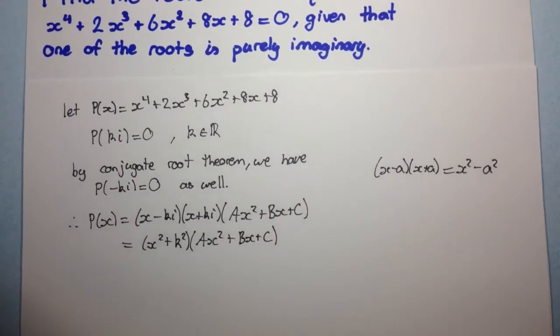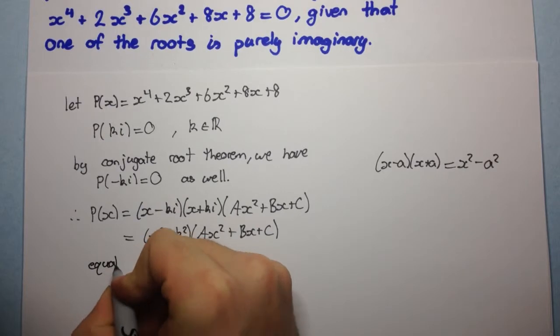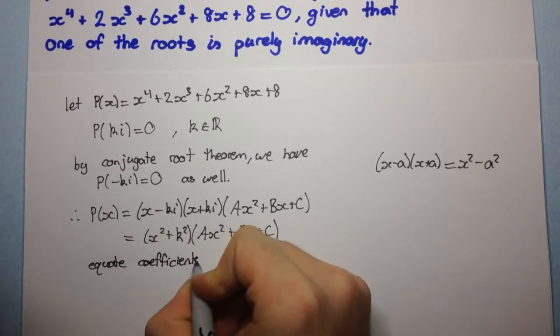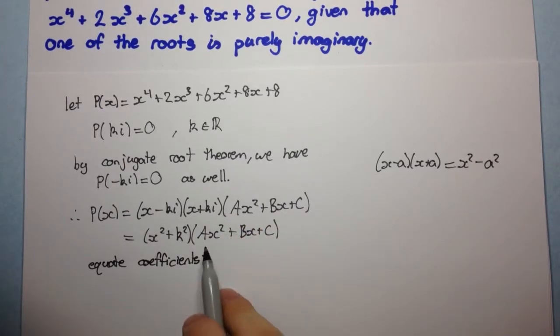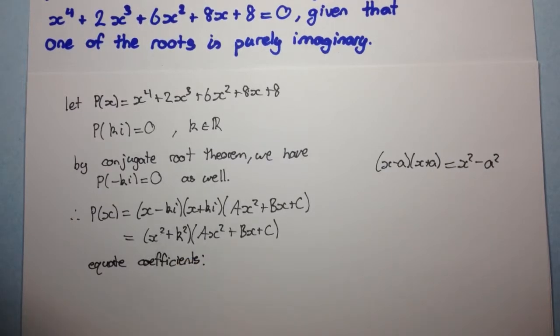Now we can equate coefficients of certain powers of x to find the values of a, b, and c here. We won't find k until we find these three coefficients here. So equate coefficients. The easiest one to look at would be the highest power, so ax squared times x squared, that'll give the power of x to the 4, so when we're considering x to the 4, we get a is equal to 1.